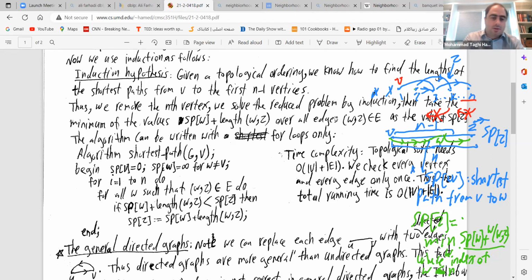Good. So what is the code? What we do is very simple. This is the algorithm that for the graph G and the vertex V, we want to find the shortest paths.